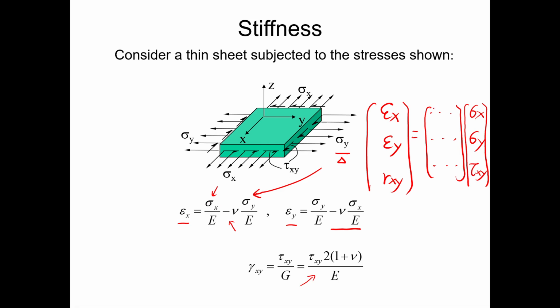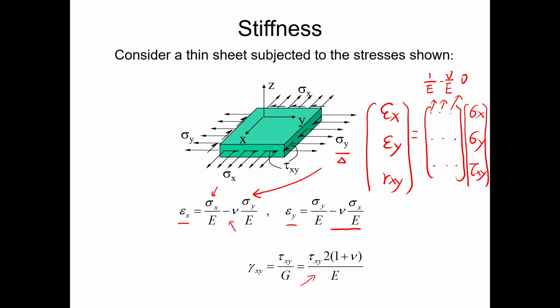Let's just use one example to illustrate that. Now you have 1 over E here, and for the second term, this is minus nu over E, and we don't have the contribution here for the tau xy. Therefore, in this case, this is just 0.